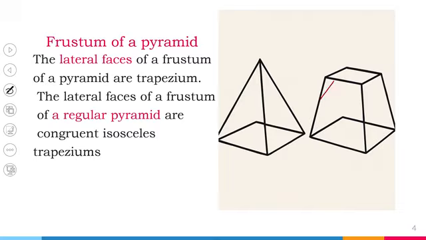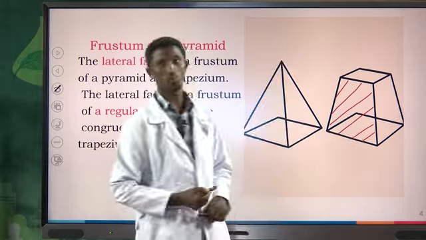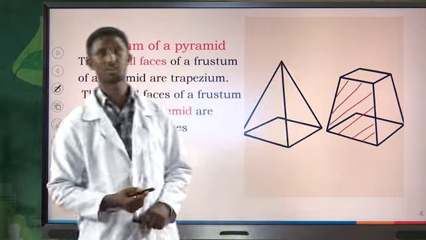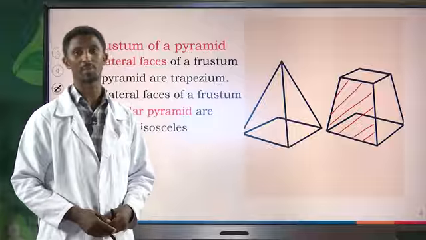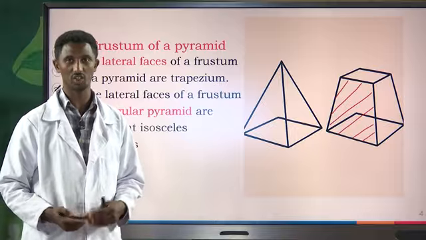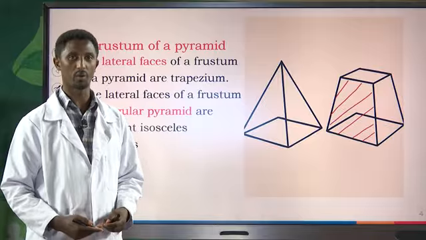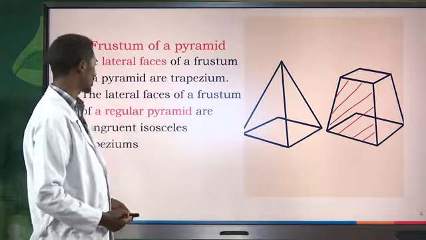If we take one lateral surface of a frustum of a pyramid, this is one lateral face. This is a plane figure, what we call a trapezium. So the lateral faces of a frustum of a pyramid are trapeziums.